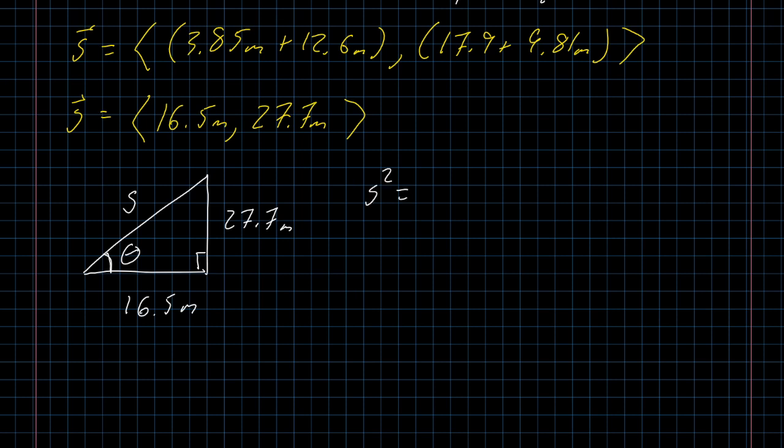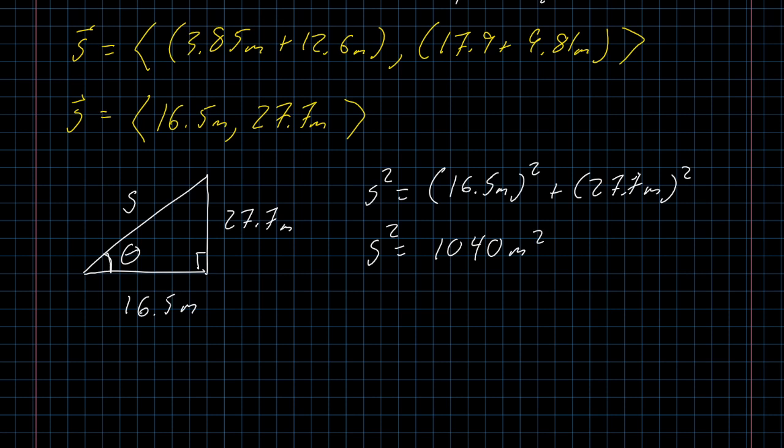S squared is going to be equal to 16.5 meters squared plus 27.7 meters squared. If I punch that into my calculator, and then take the square root of that value.